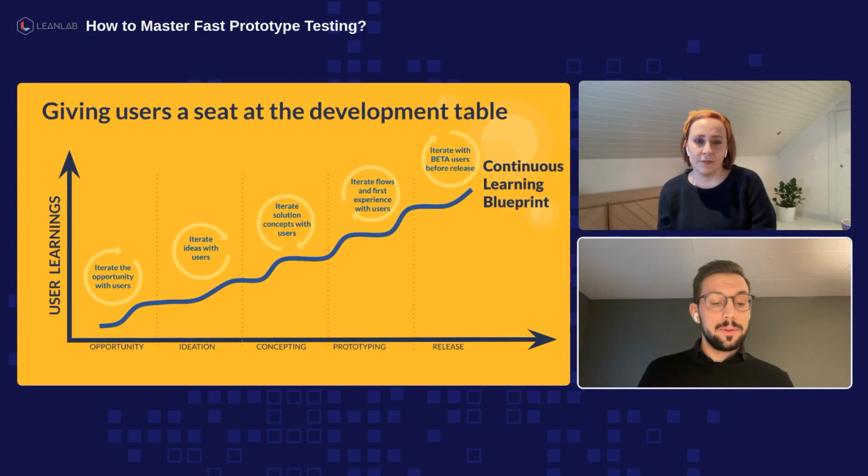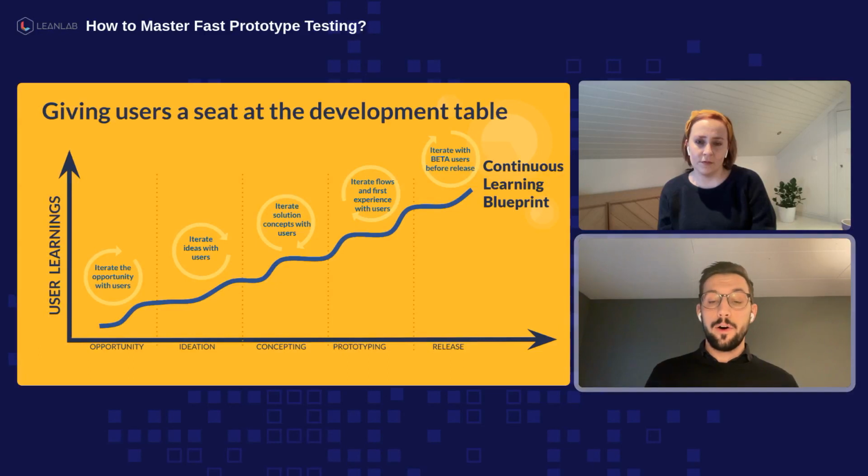To kick things off, I would like to give a short introduction on our continuous learning blueprint, which is sort of the basis of all of our webinars when we are going through the different steps on the development or design process.